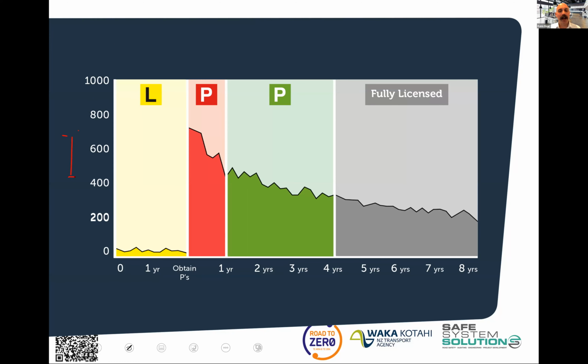It comes down over time, but it actually doesn't get back to the safety of somebody with no experience. So you're getting all the skills and all of this, but the safety is not comparable due to the mass amount of other factors in there in road crashes and the like. I think that's quite interesting.